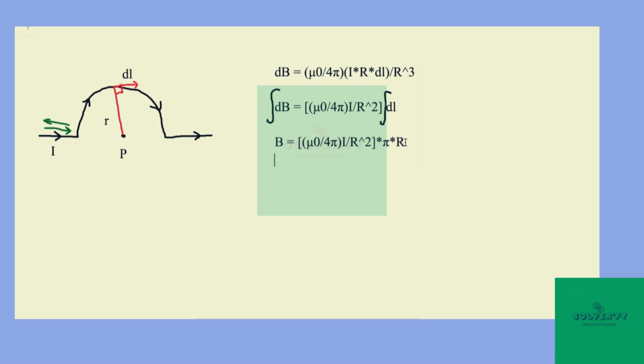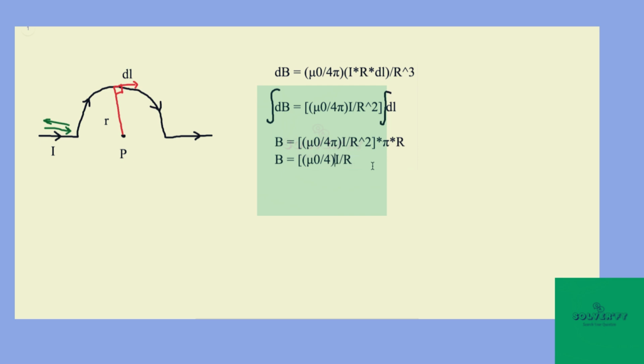So when we look at all this, we have a factor of 4 pi down here and a factor of pi up here, so we're going to cancel these out. And we have R squared in the denominator and a factor of R up in the numerator, so we'll cancel that out. That's going to leave us with one factor of R on the bottom.